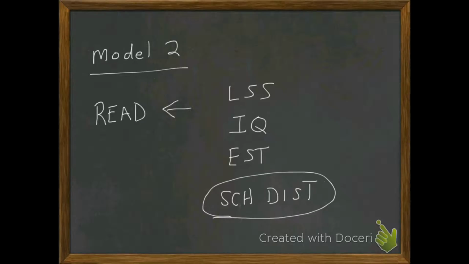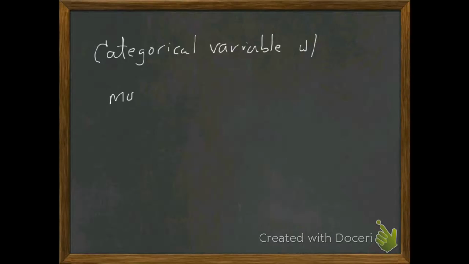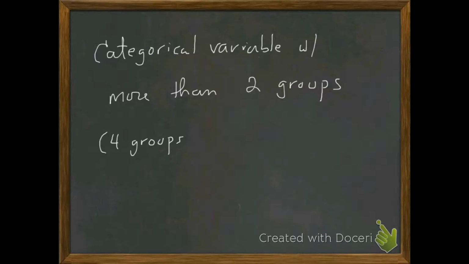Now, gang, this is what we get into. So we've got a categorical variable with more than 2 groups. In fact, I think the way it's set up, we had 4 groups.